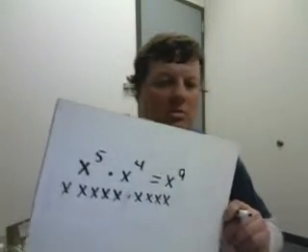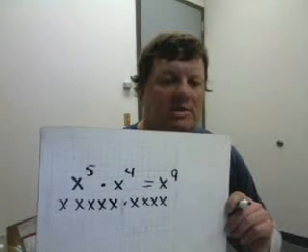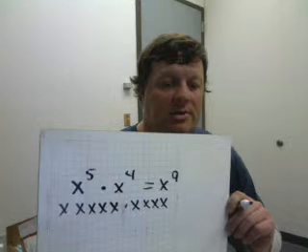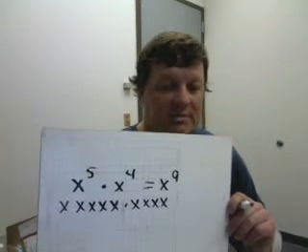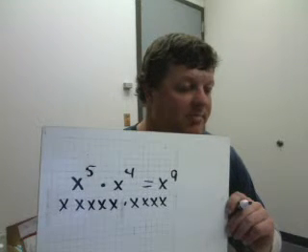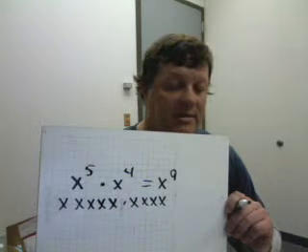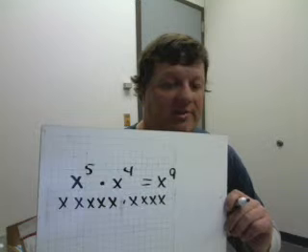So hopefully what everybody's able to come up with is the process or the rule for multiplying like bases. What we do is, if you haven't come up with it already, we actually add the exponents. In the last 3 examples, we had the exponents being added to get our answer. All 3 of them we do. Here we have x to the 5th times x to the 4th.